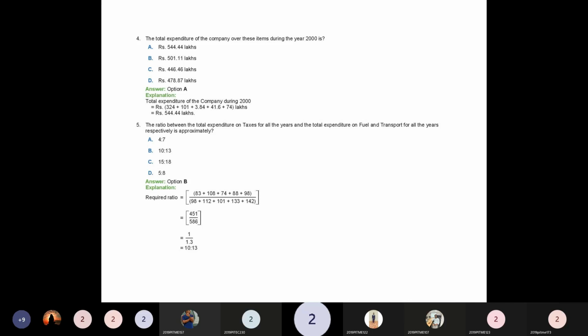If you sum these values, you get 451 lakhs paid for tax and 586 lakhs paid for fuel and transport. If you simplify, you get 1 divided by 1.3. To convert into a ratio, multiply the numerator and denominator by 10, and you get 10 to 13. So the ratio of tax to fuel and transport is 10 to 13.